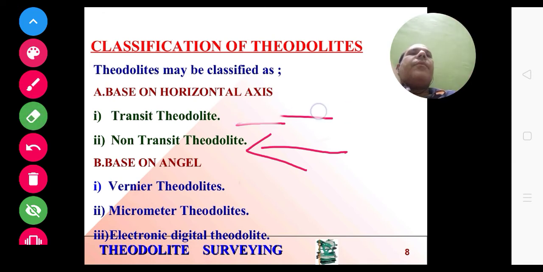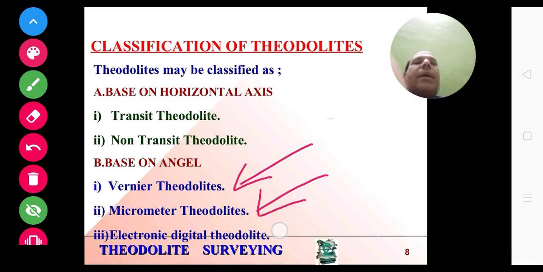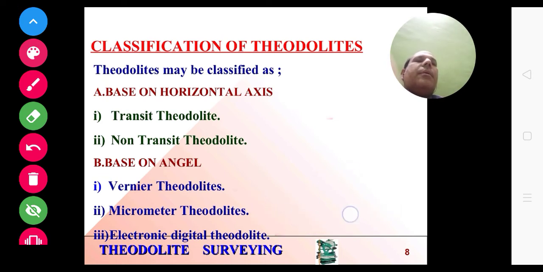We will first see what is meant by transit and non-transit theodolite. Then the second classification is based on the scale of theodolites. So vernier theodolites are there, micrometer theodolites are there, and electronic digital theodolites are there. One by one we will go through all these types of theodolite.